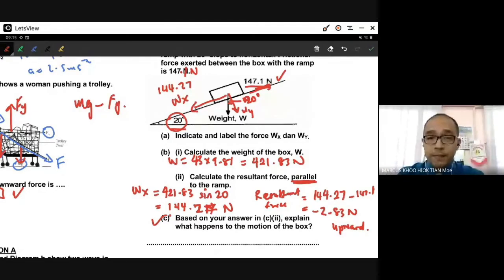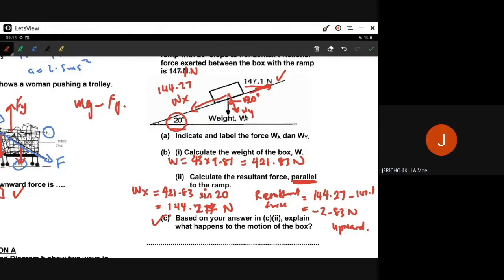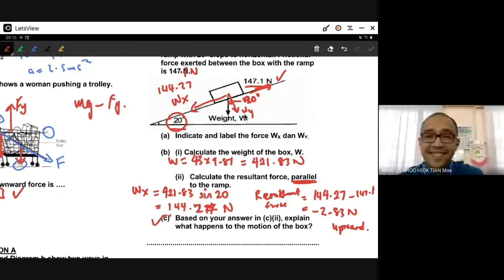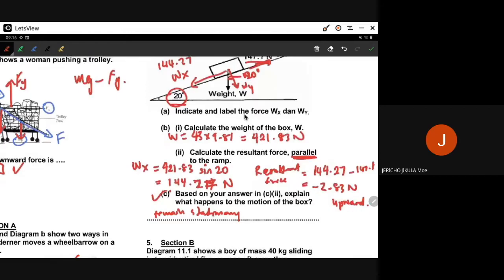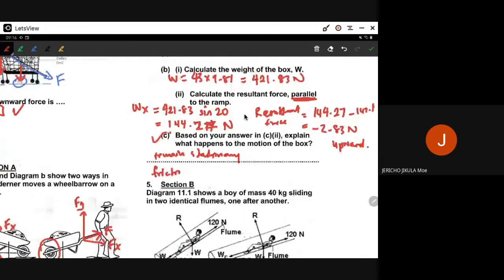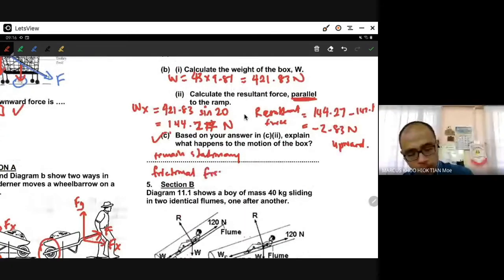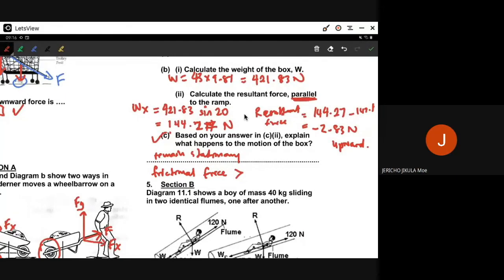So what happens? Remains stationary. Why remain stationary? Because the frictional force is more than the upward force.